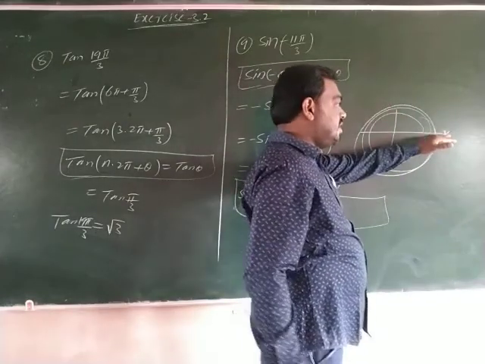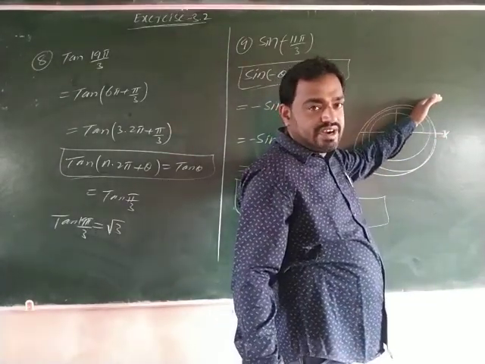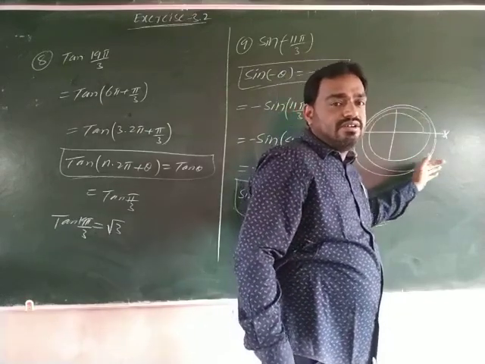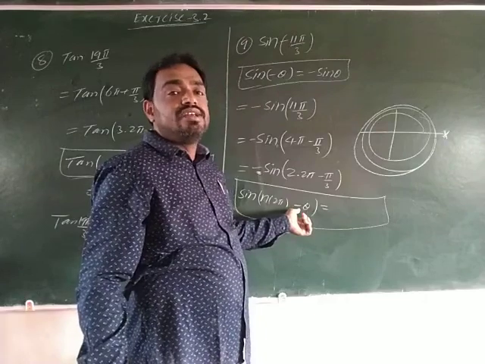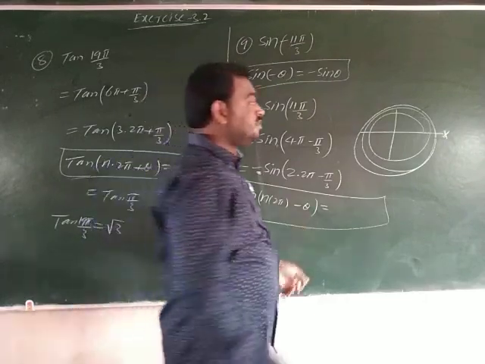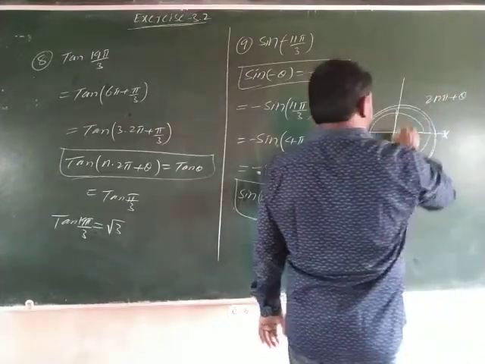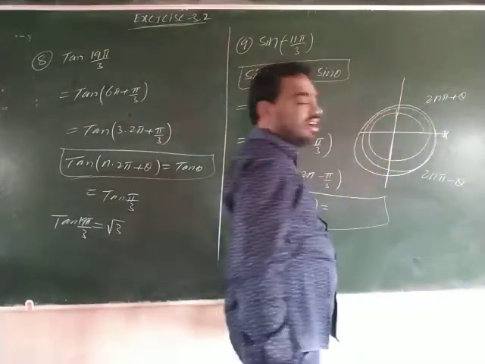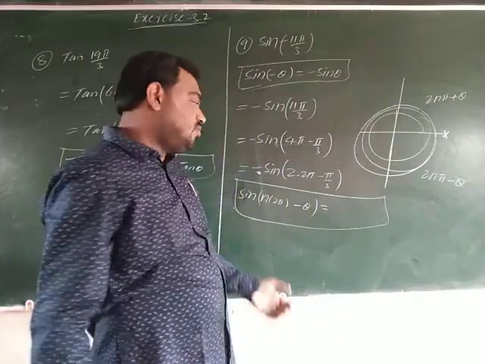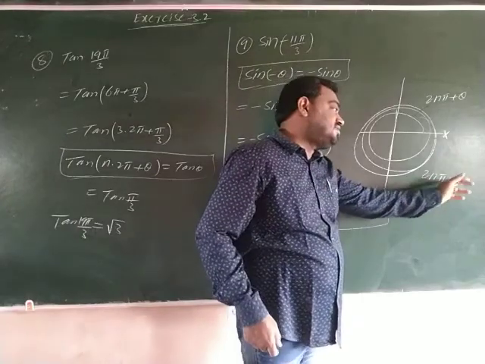If it is added, it will go to the first quadrant. If we subtract, it is in the fourth quadrant. Here 2n pi plus theta is the first quadrant angle, and 2n pi minus theta is the fourth quadrant angle, right? Here minus theta is there, so it is the fourth quadrant.